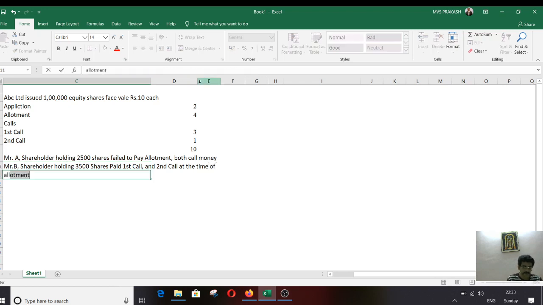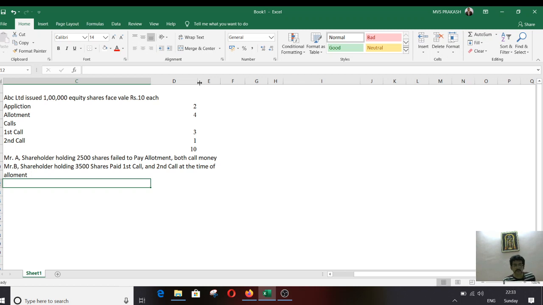At the time of allotment itself, this person has paid the entire call money. He has paid on the first call, he has also paid the call money on the second call. So ultimately the total amount is paid at the allotment stage itself. This is the given situation.